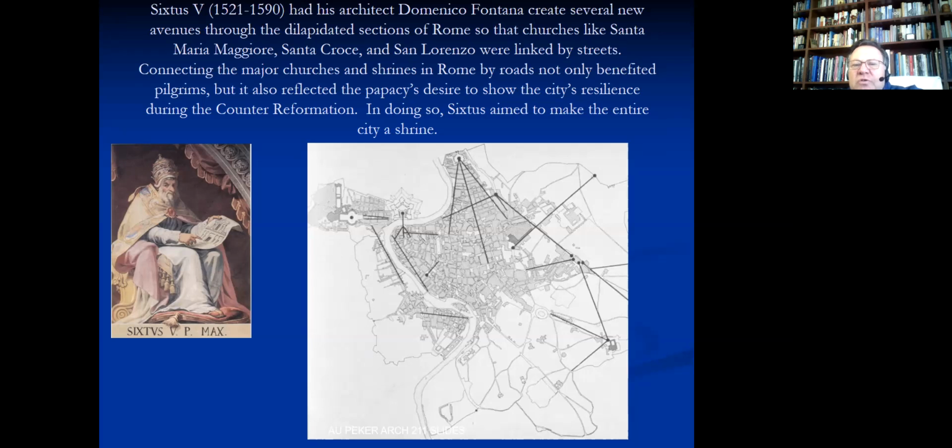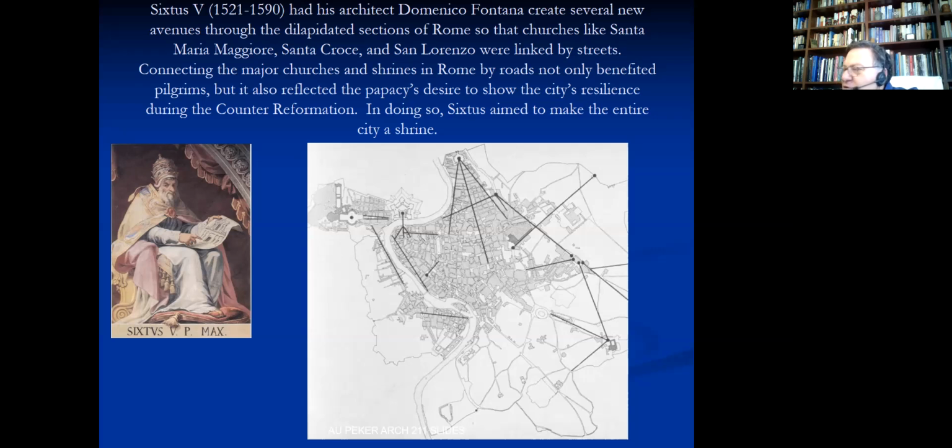Connecting the major churches and shrines in Rome by roads not only benefited pilgrims, but it also reflected the papacy's desire to show the city's resilience during the Counter-Reformation. In doing so, Sixtus aimed to make the entire city a shrine.